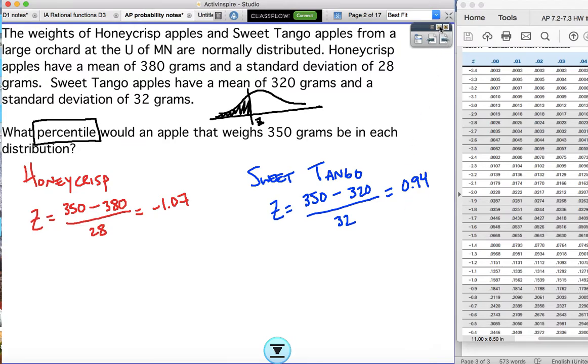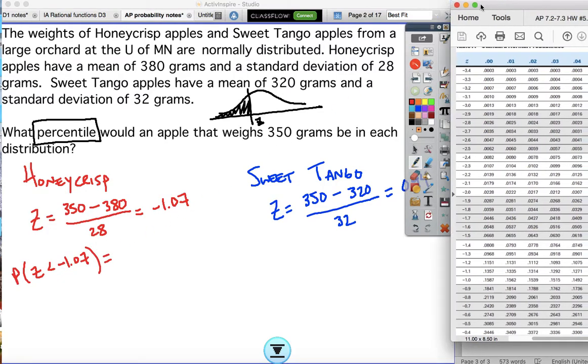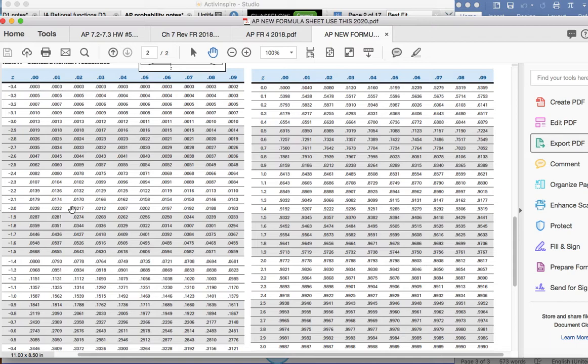Okay, now let's get the percentiles. So the percent, or the probability, of having a z-score less than negative 1.07, let's go to our z-chart. Negative 1.07 would be right here, so 0.1423.